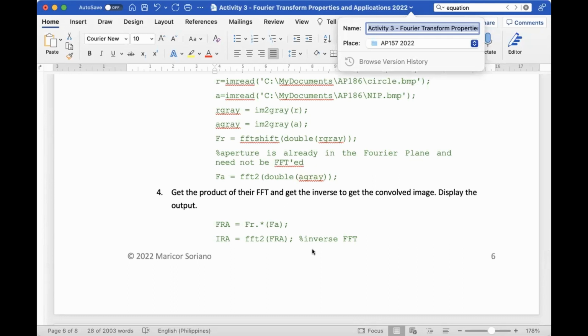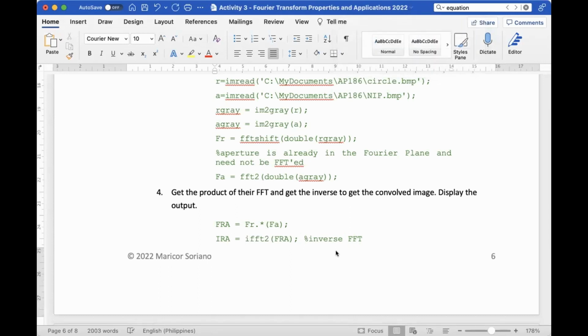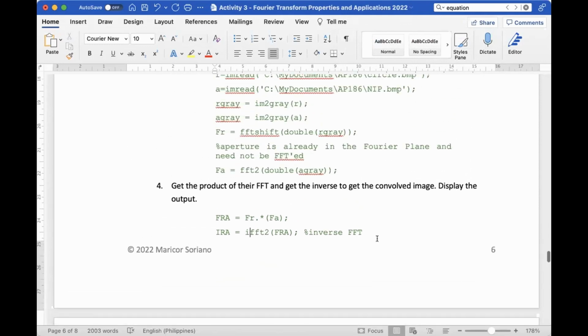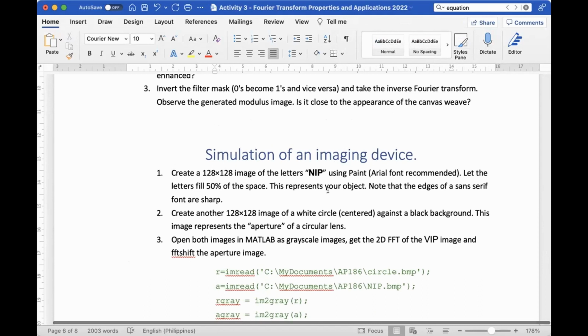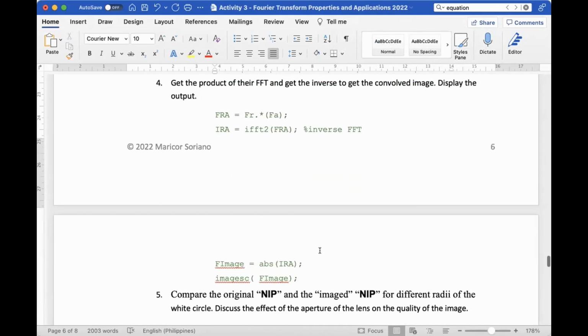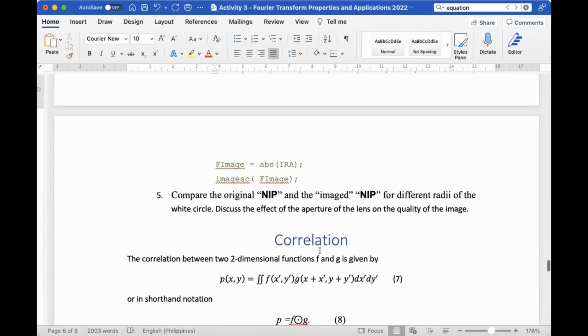Okay? So, tapos i-inverse FFT lang natin. You can use FFT2 again or IFFT2. Okay? Bakit FFT2? You can actually use IFFT2 as well. Okay? And then, i-display lang sila. And compare the original NIP and the imaged NIP for different radii of the white circle. Discuss the effect of the aperture lens and the quality of the image. So this exercise naman is a bit of optics kasi isi-simulate nyo anong effect ng aperture, size ng aperture dun sa quality ng image na produce na.